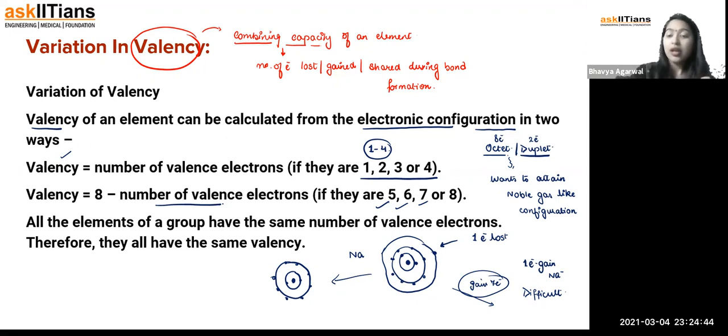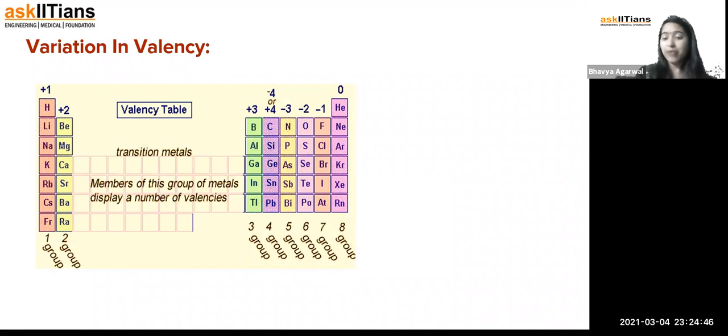Now, when you talk about any group, in a group your valency remains the same.